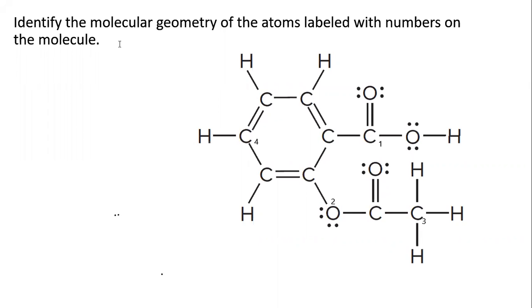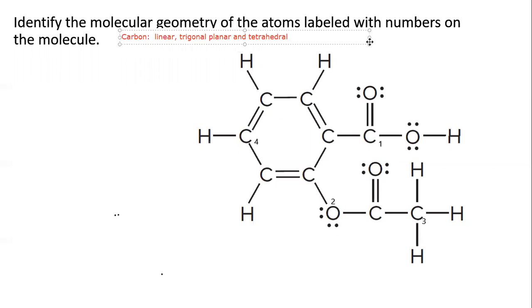Likewise, with carbon, it can only be one of 3 geometries. Carbon can either be linear, trigonal planar, and tetrahedral. That's it. So carbon can never have, at least in Gen Chem 1, lone pairs of electrons on it.